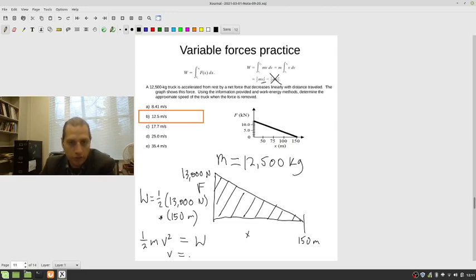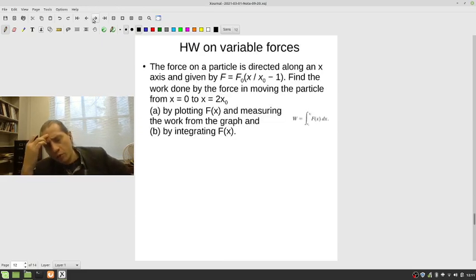So your v would be, take it times 2, divide by m, 2w over m, and stick in numbers and you should get something right around here. Okay, so that's a nice, easy, quick example that uses this method. Let's take a look at one of your homework problems that's a little trickier.